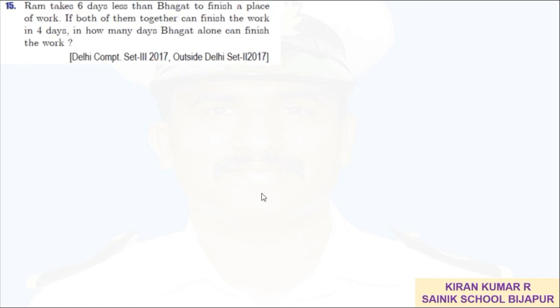This question number 15 is the last question for the quadratic equations. Ram takes 6 days less than Bhagat to finish a piece of work. If both together can finish the work in 4 days, in how many days can Bhagat alone finish the work? This is also a simple question. You can try this out. You'll get the answer as 12 days.